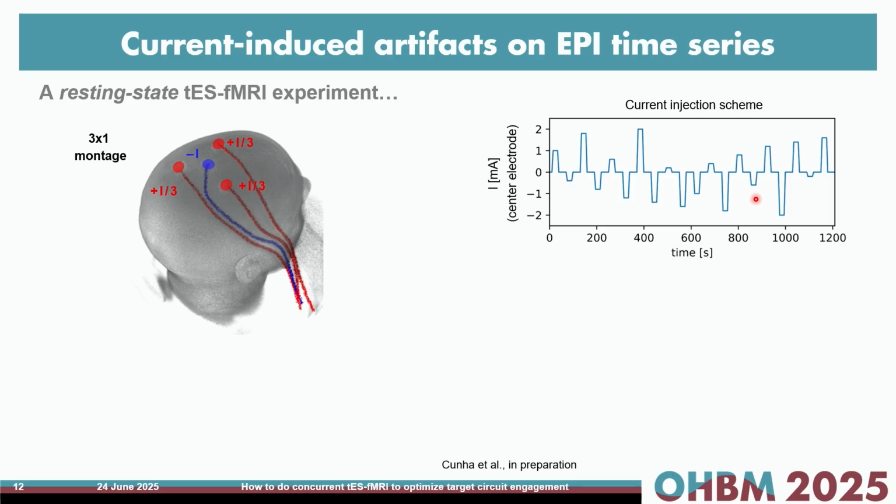Our colleagues in Berlin, who also do tES-fMRI, got very intrigued by these findings and reached out to us in Copenhagen to help them investigate this in more detail. Together we started with a tES-fMRI experiment that looked like this, in vivo, but in resting state, to make sure that there could not be any BOLD activations, and all the effects we observed in the data would be artifacts coming from the current-induced magnetic fields or current flow inside the brain.